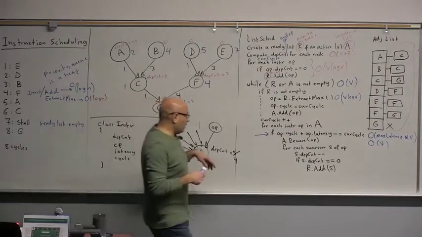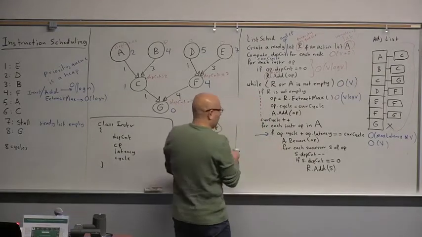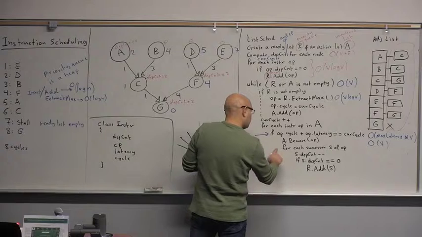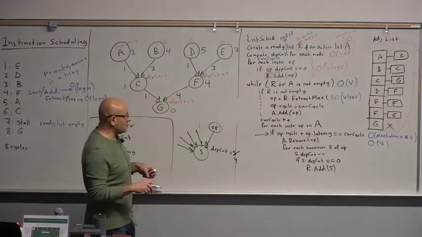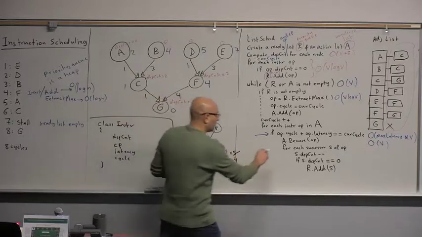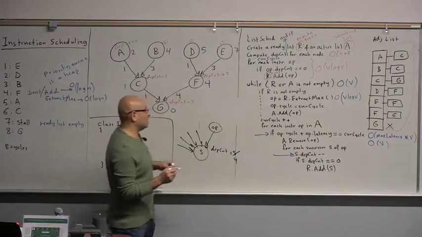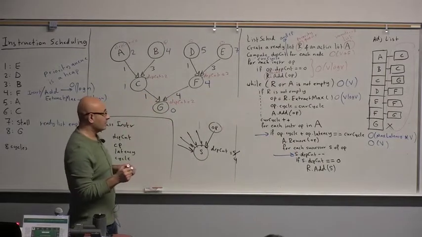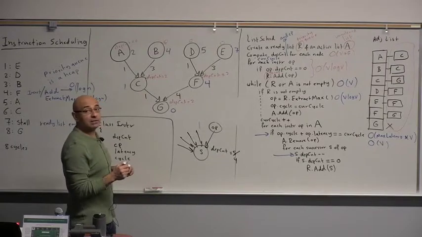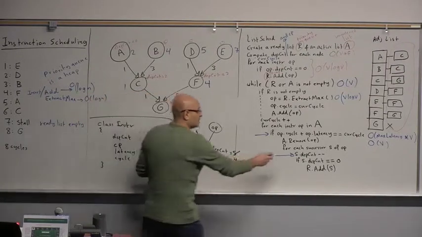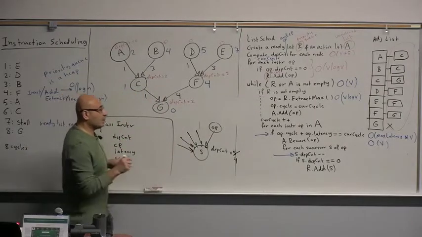Now, for each successor S of P, going through the successors, how many times will this particular line get executed? What is this dependent on? Throughout the entire algorithm, how many times will it get executed?